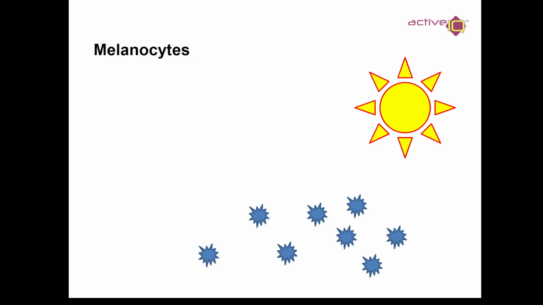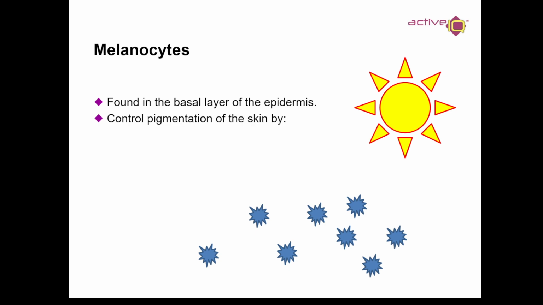So melanocytes, what are they? Well, to start with, they're found in the basal layer of the epidermis. So they're found in the deepest of those 5 layers. Their actual function, however, is to control the pigmentation of the skin. And it does this by increasing concentrations of melanin in response to UV light. So it's the reason why when we expose ourselves to sunlight, our skin will tan.